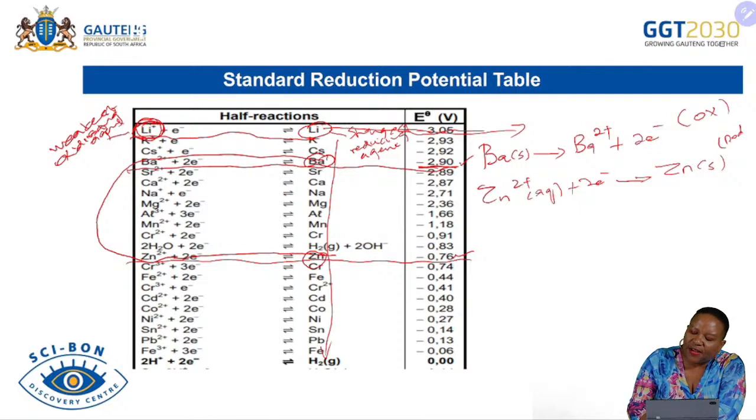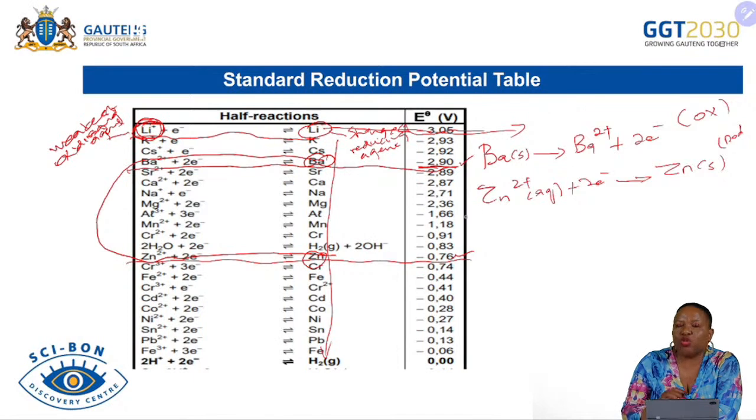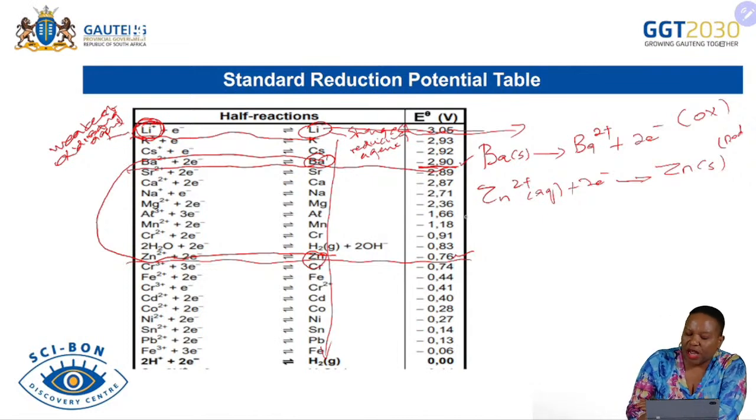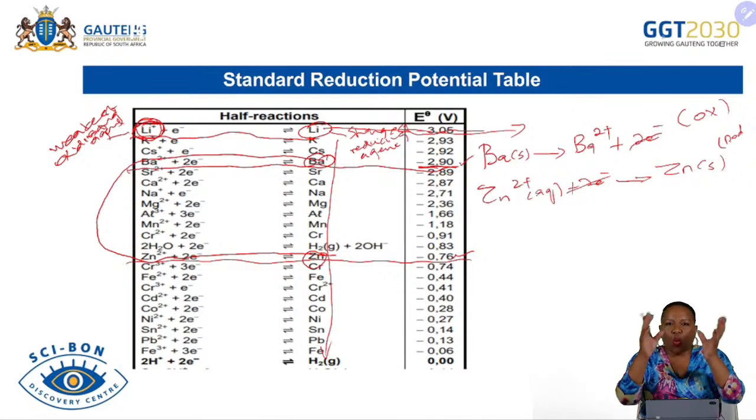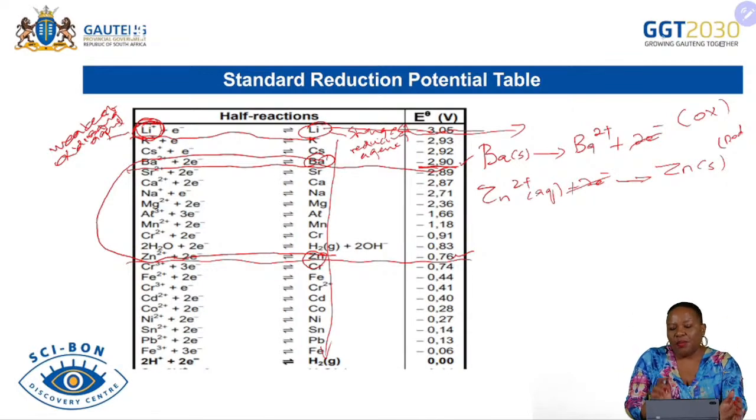After identifying the oxidation and reduction half reactions, we can go further and write the overall reaction. As barium is giving zinc 2 electrons, zinc is accepting those 2. So overall, we can now write one cell. What is exactly happening between barium and zinc?